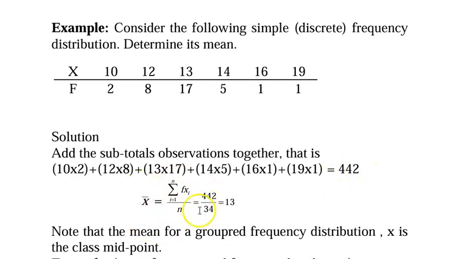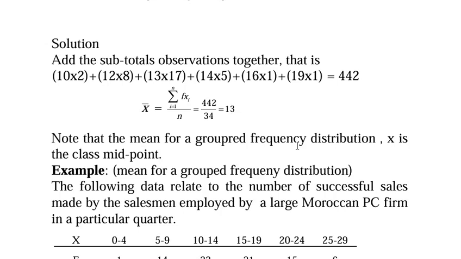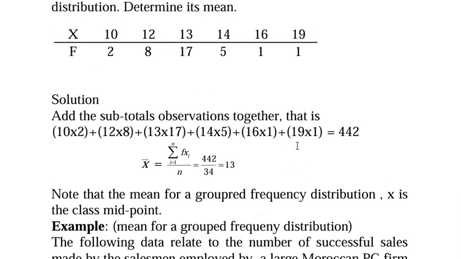So this 442 now, we're going to divide it by n. Our n, how many in total do we have? We have 34.